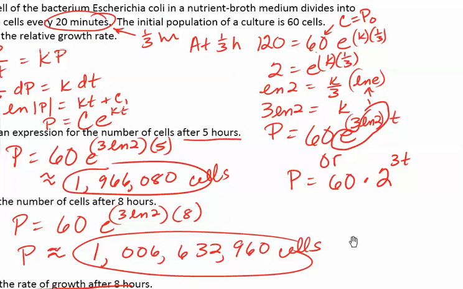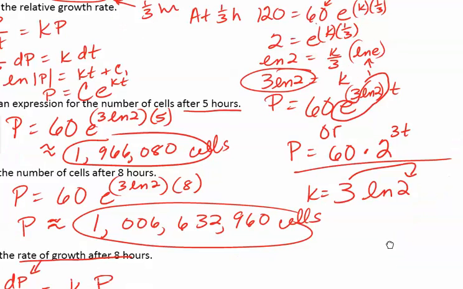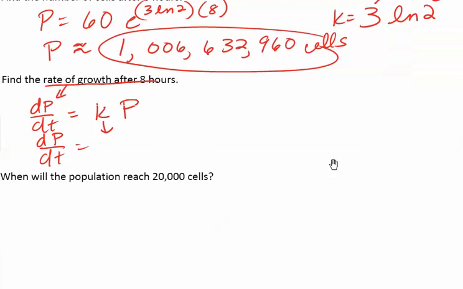Look at our K value, 3 ln of 2. Let's talk about that, by the way. What can we do with 3 ln of 2 here? That would be the natural log of 2 to the third, so you could also call that the natural log of 8. Okay, so natural log of 8 might be a simple way of saving yourself some calculation.